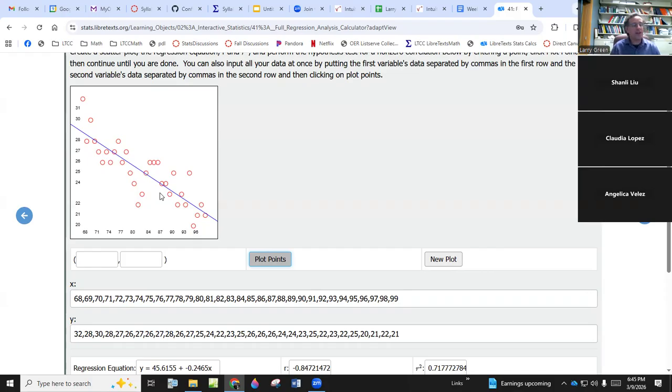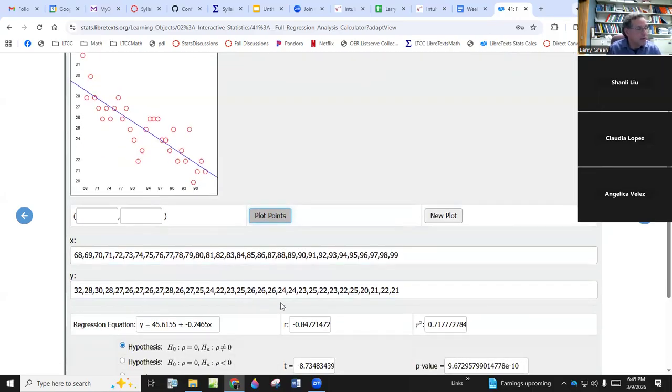So I want to let you know that just because it tends to go down does not mean it always goes down. Is that clear? Okay. But you look at the line, and the line is definitely sloped downward. Any questions at all on this example?